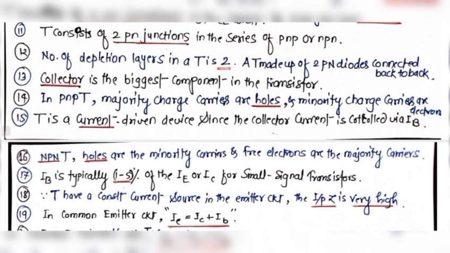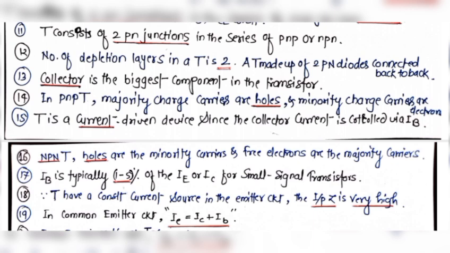Transistor consists of two junctions, in the series of PNP and NPN. Number of depletion layers in a transistor is 2. A transistor is made up of two PN diodes connected back to back. Collector is the biggest component in the transistor.